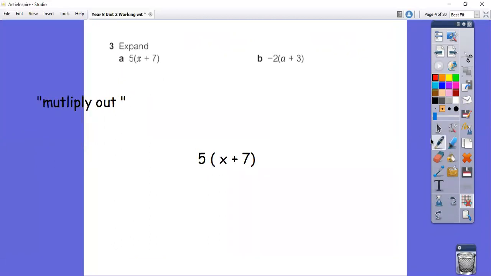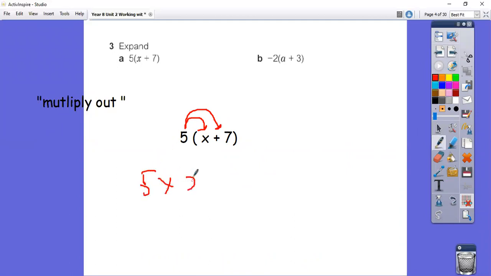So one way you can show your workings is, you've got 5 times x, and 5 multiplying 7. So 5 times x equals 5x. Then this time you're doing 5 times 7 equals a positive 35.